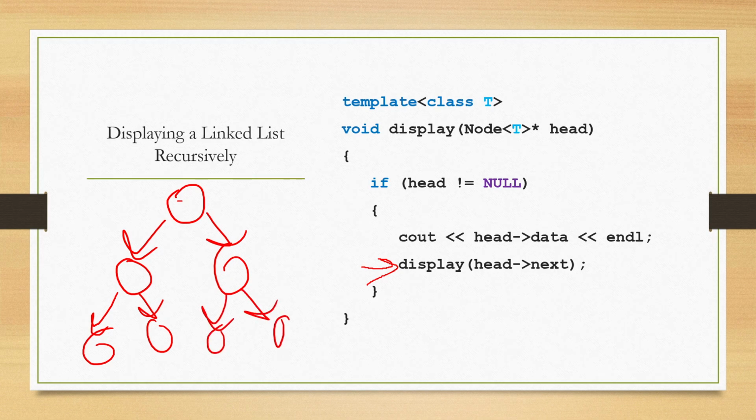But a binary tree has similar properties. But in this case, we have a left and right rather than next. So in this case, we will iterate through this as left, and we would display this.